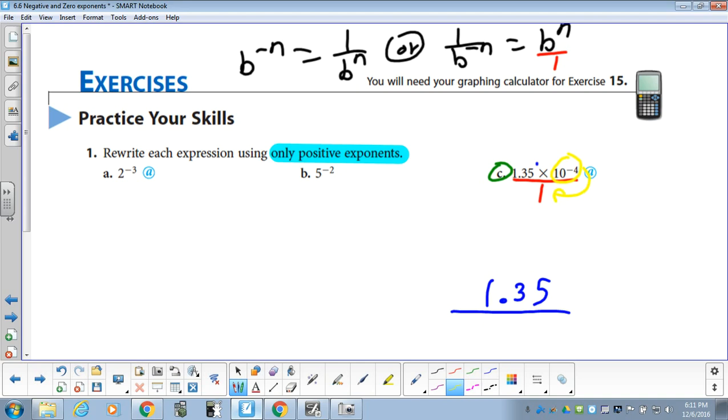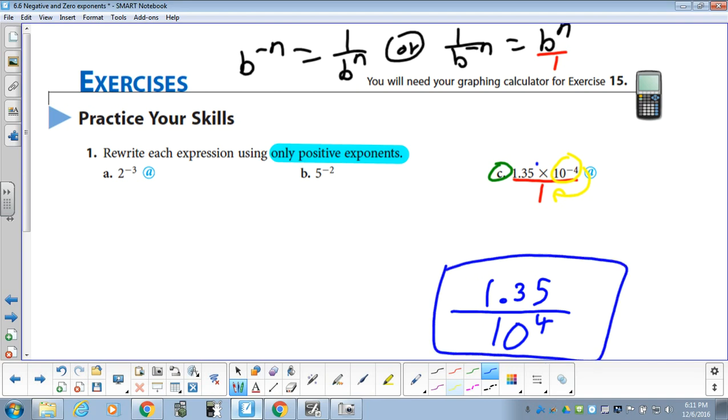It needs to come down to the other side. So we know 1 times anything is, of course, that number. And so we bring that to the other side, and this becomes 10 to the 4th. So 1.35 over 10 to the 4th is what that expression would be without any negative exponents.